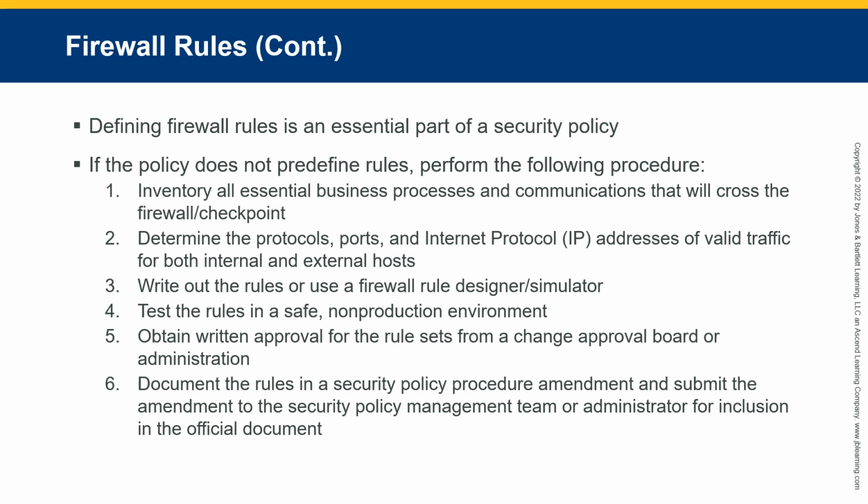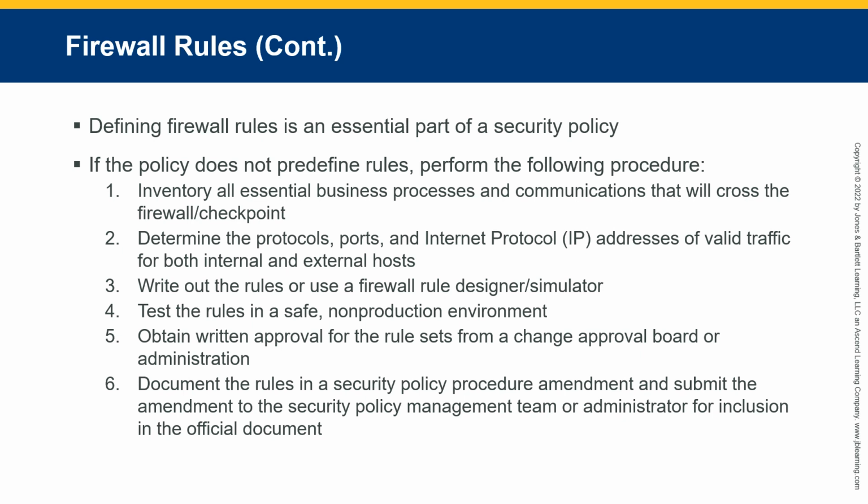What we would then use for creating the rules is a firewall rule designer or simulator. A lot of times I did all these in Excel, where I would put the rule number, source address, source port, destination address, destination port, destination protocol, and then a column for allow or deny.